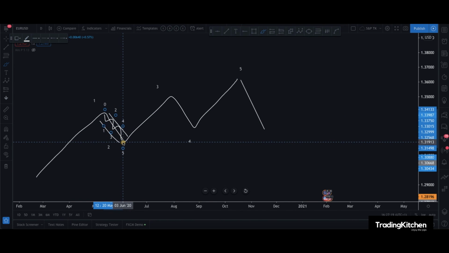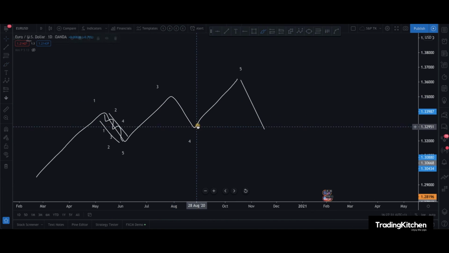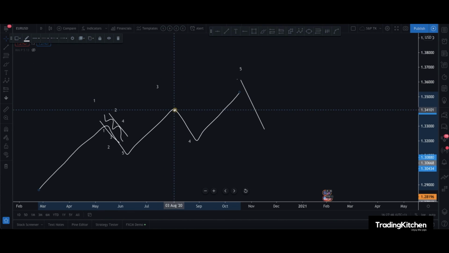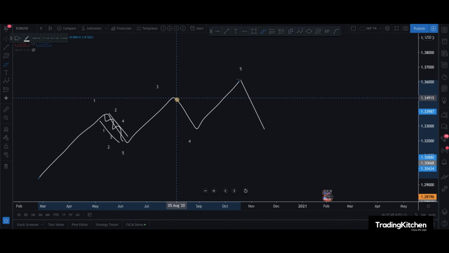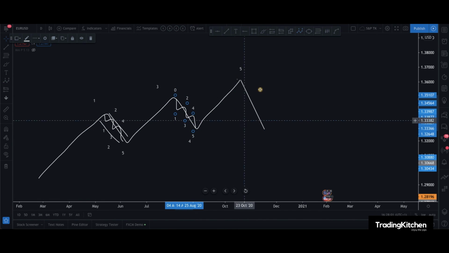Impulse down, impulse up, channel down as well. So 1, 2, 3, 4, and 5.